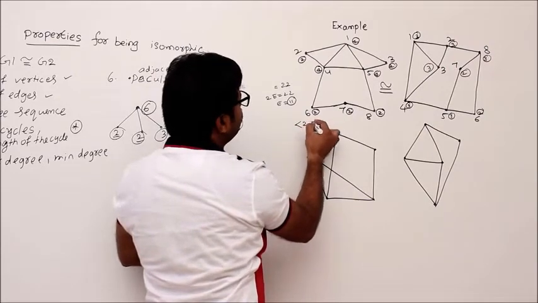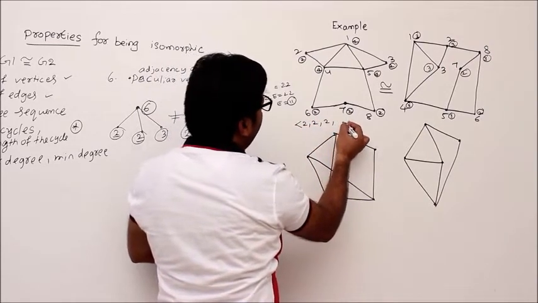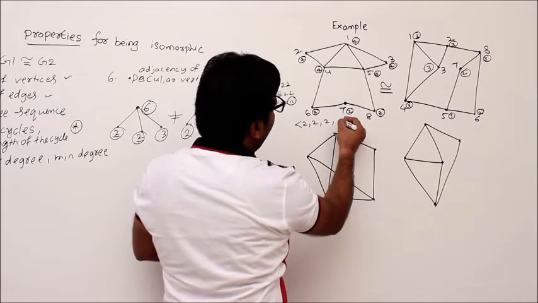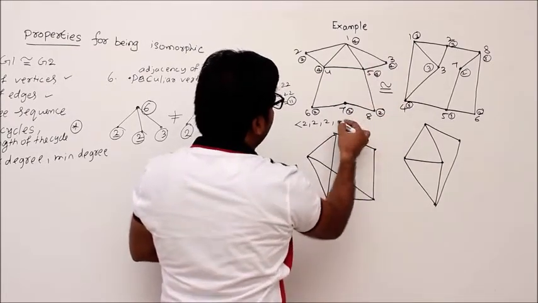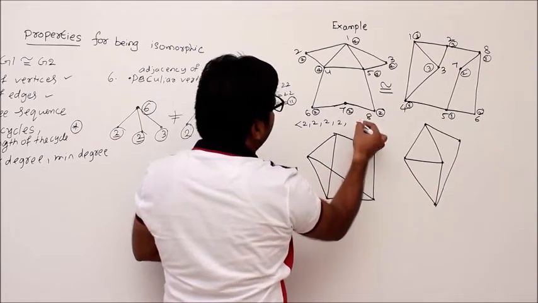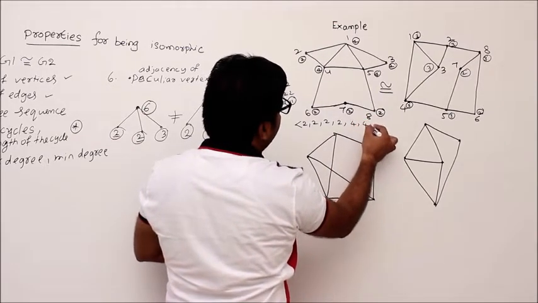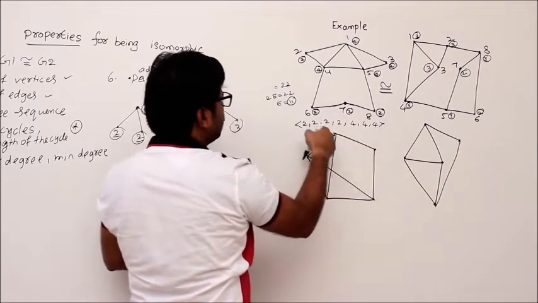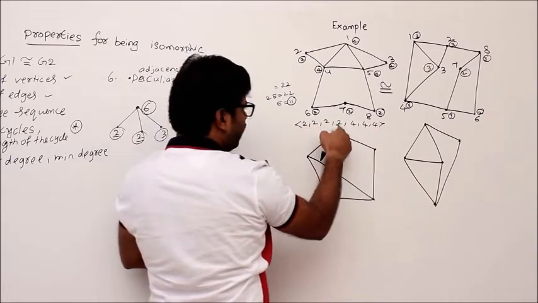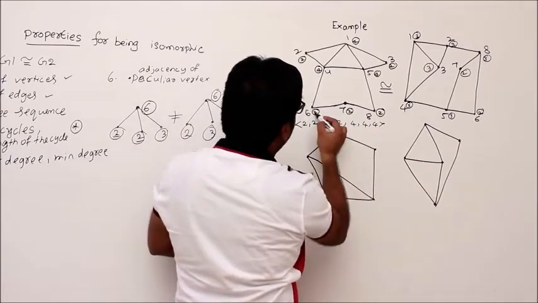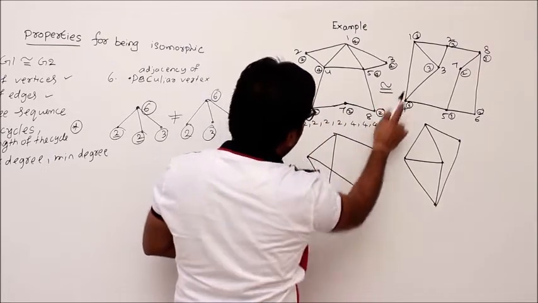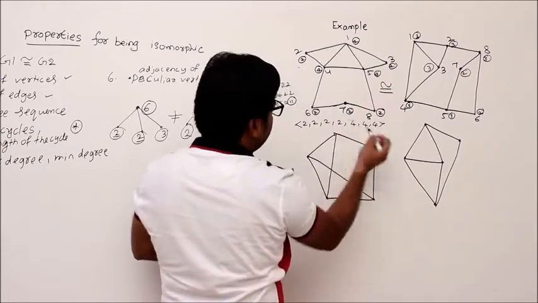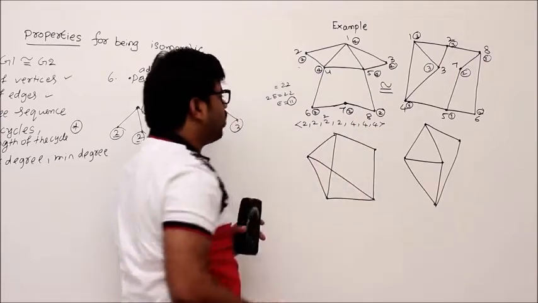There are 5 vertices of degree 2, plus 3, 8.